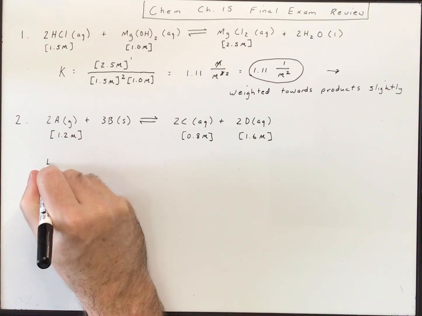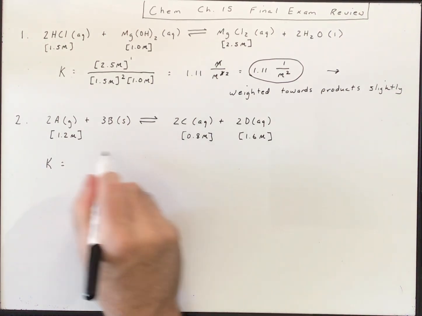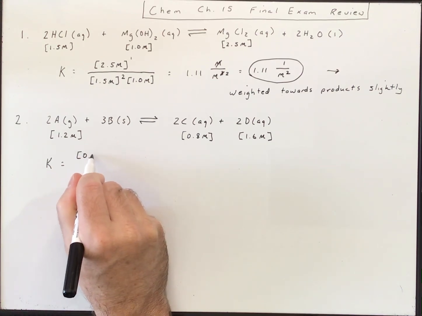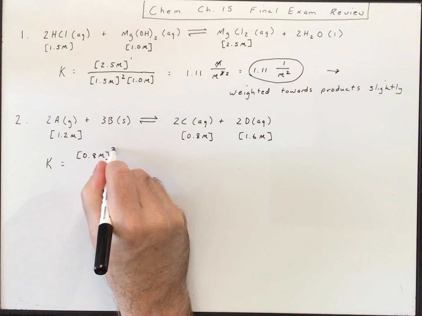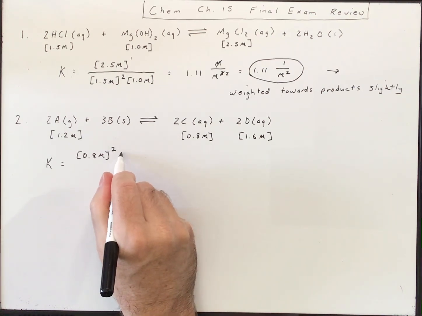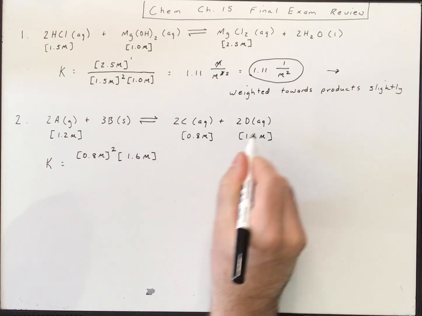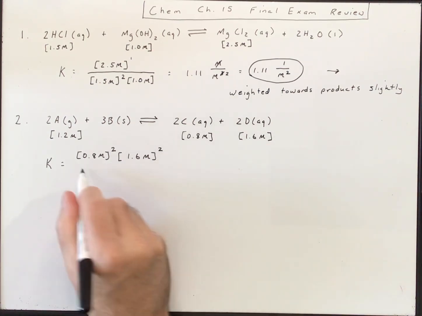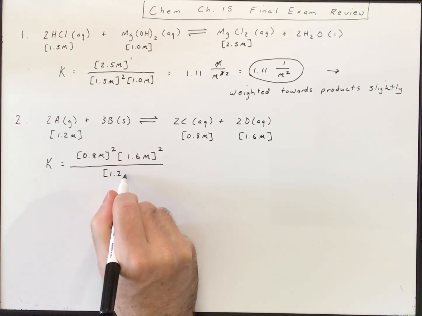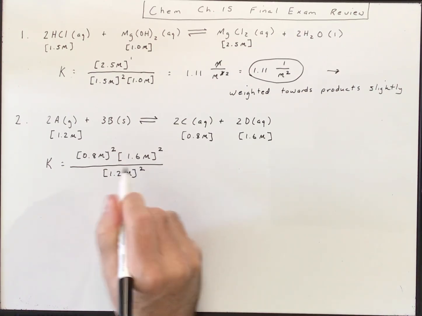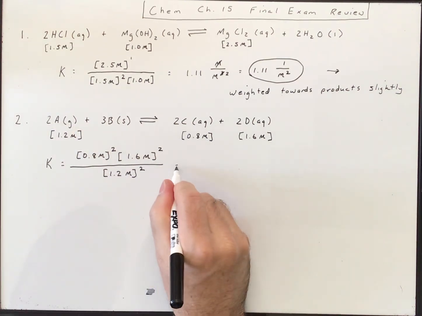So let's calculate K at this point in time. It's going to be 0.8 on top. And then we're going to raise that to the stoichiometric coefficient power, so 2, times 1.6 molar, so that's D, also squared, divided by 1.2 molar, and that's going to be squared, because of the 2 out front.